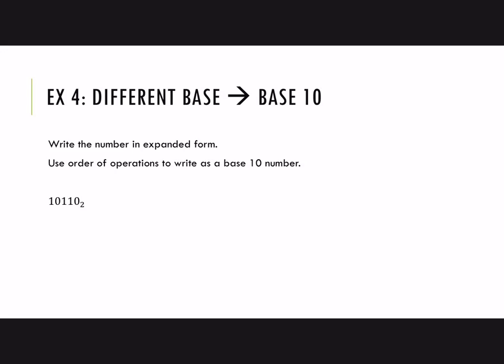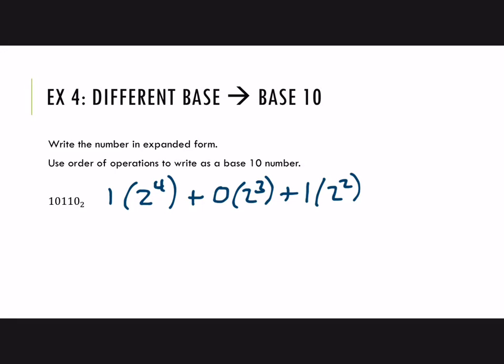Okay, how about 10110 base 2? Well, this is 1 times 2 to the 4th plus 0 times 2 to the 3rd, 1 times 2 squared, 1 times 2, and 0 times 1. Okay, so exponents, this is 1 times, and we can even just skip the 1 if you like.